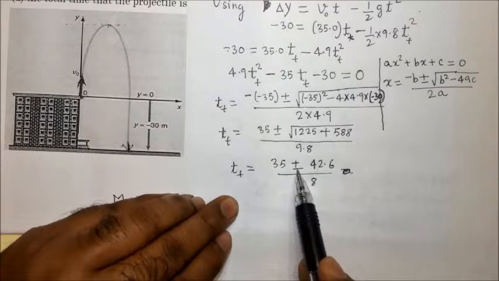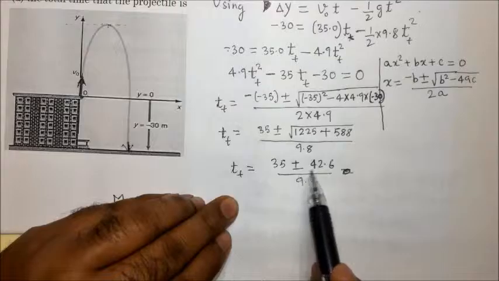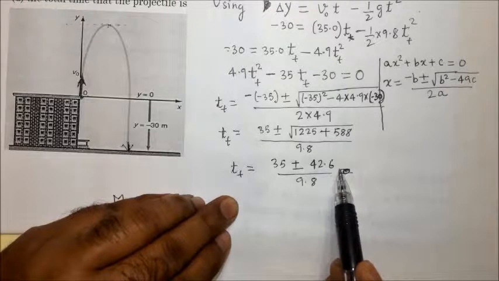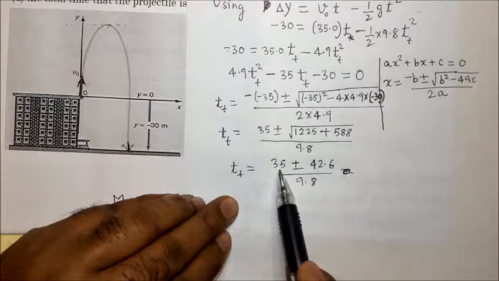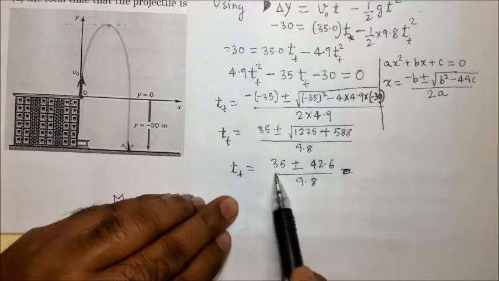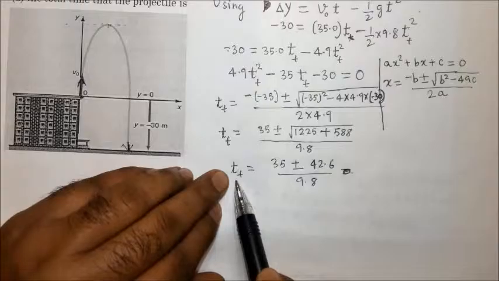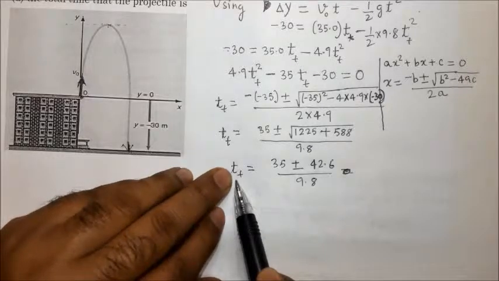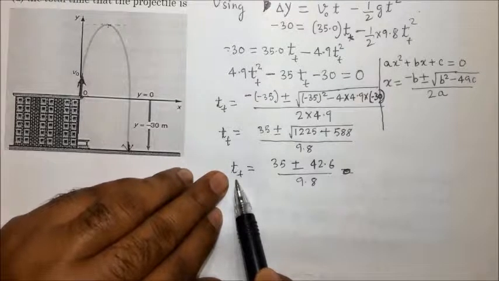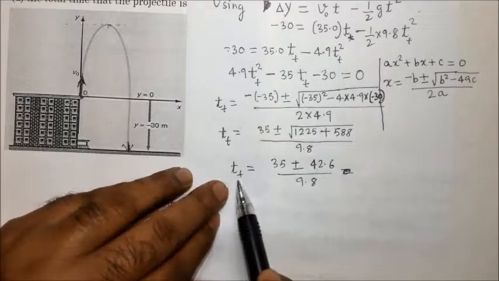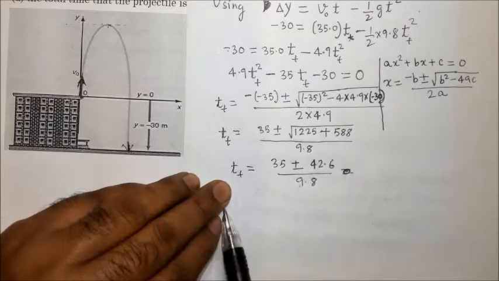If you take minus, then 35 minus 42.6 will give you a negative number, and your solution will be negative. As I said, time is always positive, so we cannot accept the negative number here.